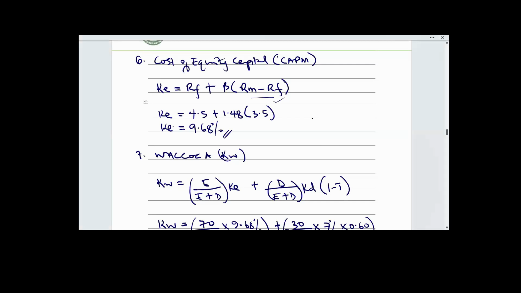The difference between market return, RM, and RF, the risk-free rate of return, is what is called risk premium. So examiner has given to you risk premium. You are not given market return. So the difference between RM and RF is what is given to you as 3.5. Okay. Thank you, sir.